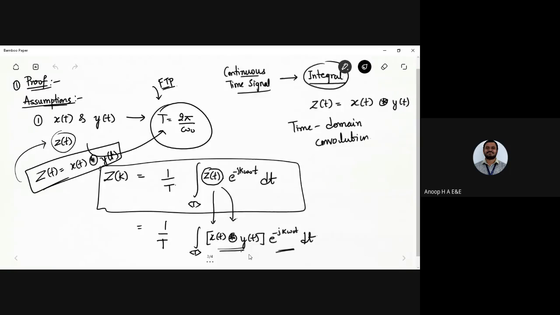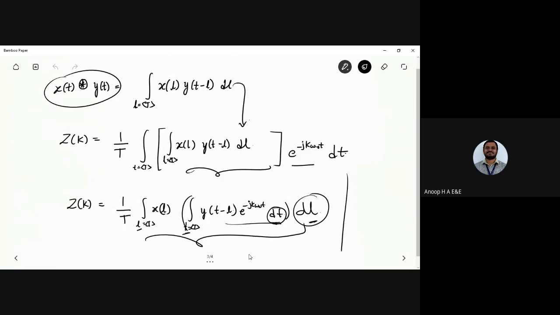If you understand the definition of circular convolution, or in general any convolution operation performed on two signals, you are going to have L as the new variable integrated over the time period, that is x of L multiplied with y of t minus L dL.